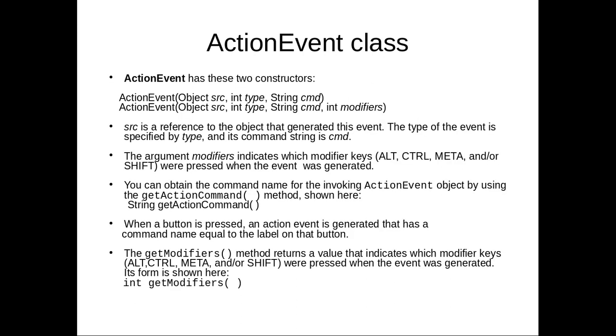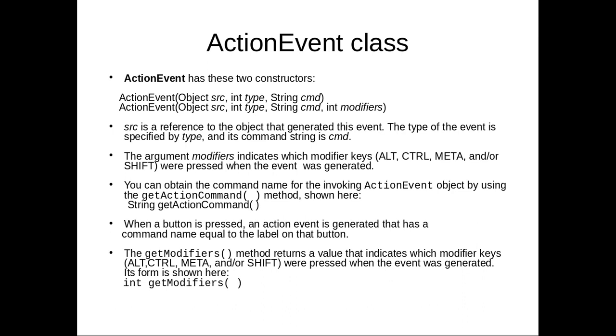ActionEvent is a class and it has 2 constructors. That means Object source, int type, String cmd, int modifiers. Source means the source object, or the keyboard, mouse, etc. That means the source of this action event is the object source.